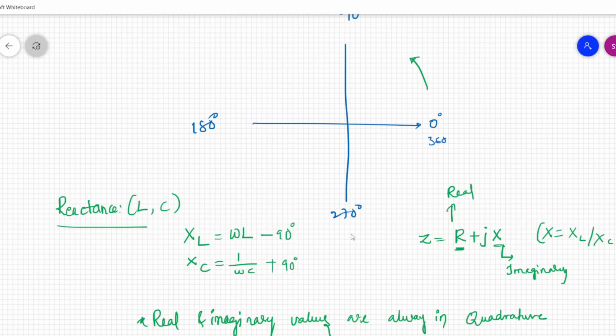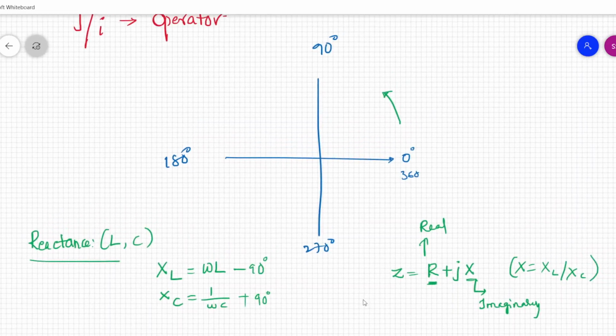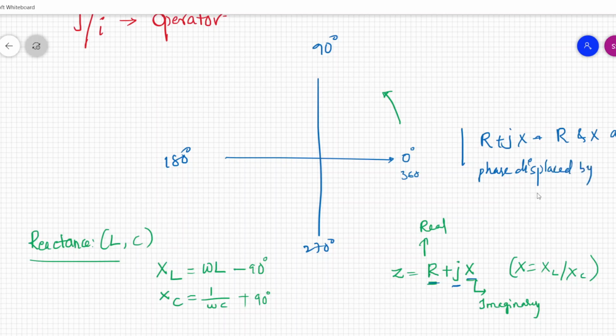Okay, so why I am mentioning this is that the j operator here will indicate that there is a phase displacement between this R and X terms, that is 90 degrees. That is, R plus jX means R and X are phase displaced by 90 degrees.